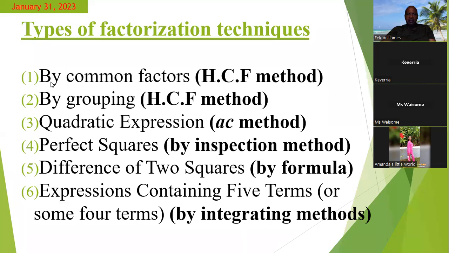So the ones that we use, common factor, the HCF method, we rely on identifying factors that are common for each term in the expression. The quadratic expression now will apply a little different techniques from common factor. The perfect square also will require different techniques. And difference of square, also a different technique.